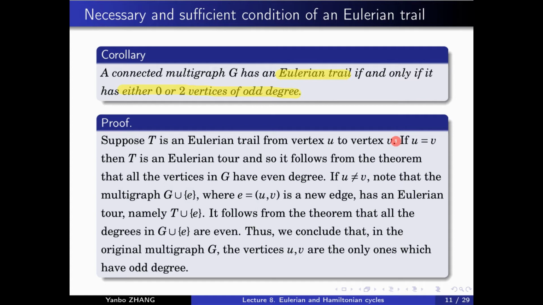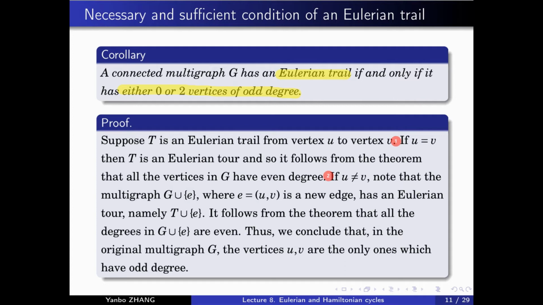If U equals V, then T is an Eulerian tour, and so it follows from the theorem that all the vertices in G have even degree. If U is not equal to V, note that the multigraph G union E, where E equals UV is a new edge, is an even graph.